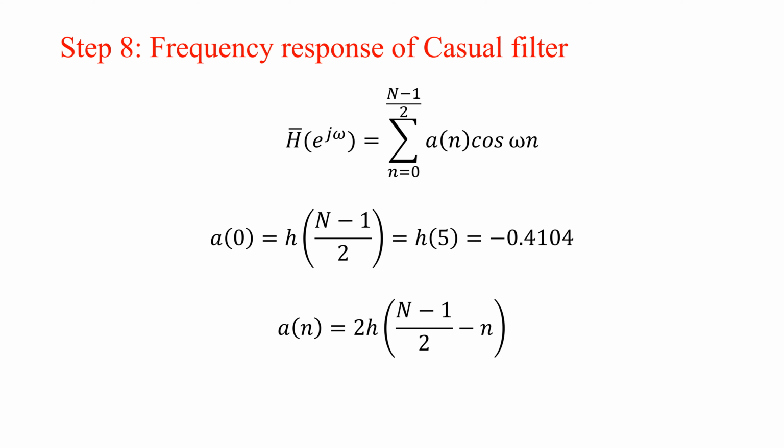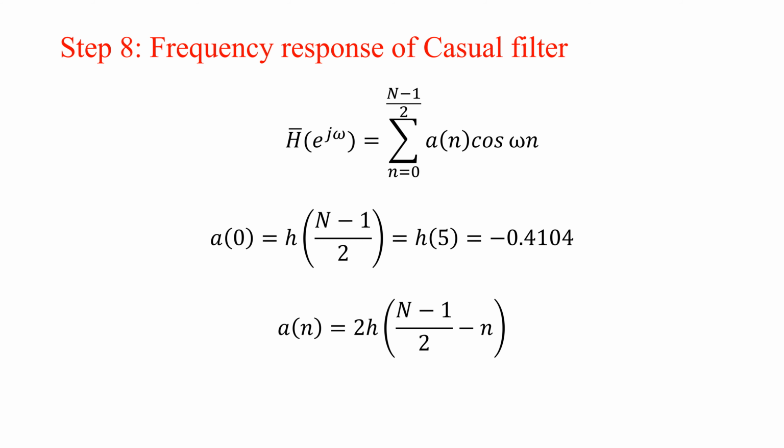Then, as a next step, we should find the frequency response. We got the filter coefficients. After that, we have to find the frequency response, capital H of e power j omega. The formula is given. For that formula, the coefficient is needed.